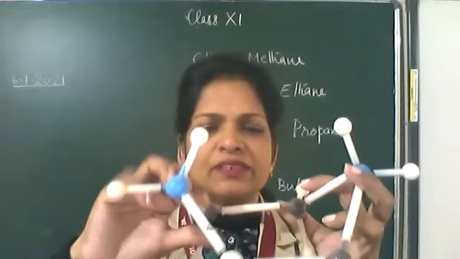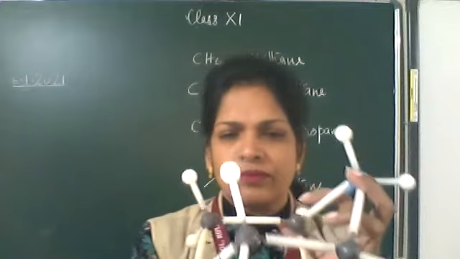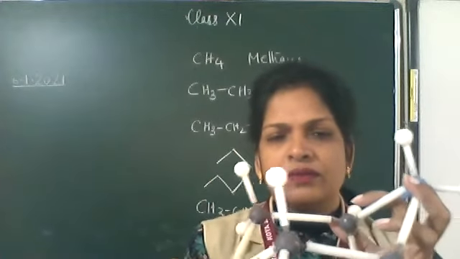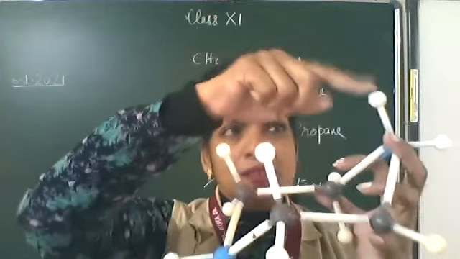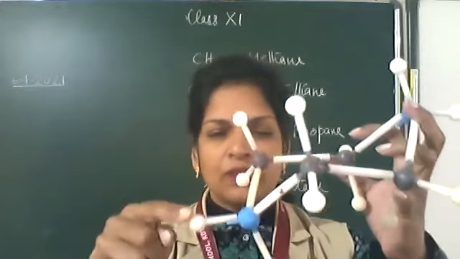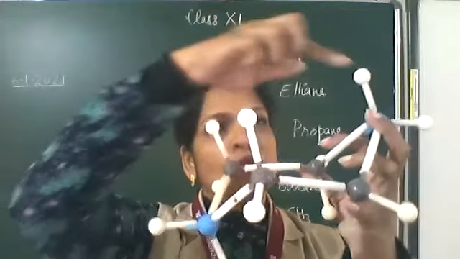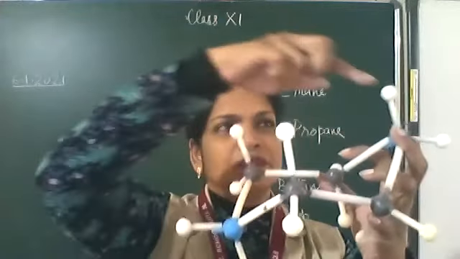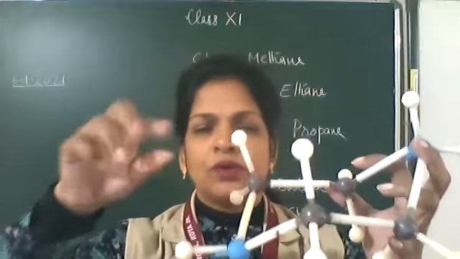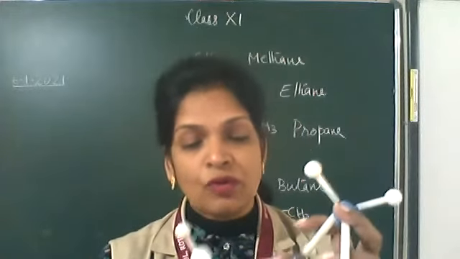But in the case of chair format, you see the chair format. This is here only, but the one that was there is going here. So there is more distance between these two. That means no repulsion. So which is more stable, boat form or chair form?